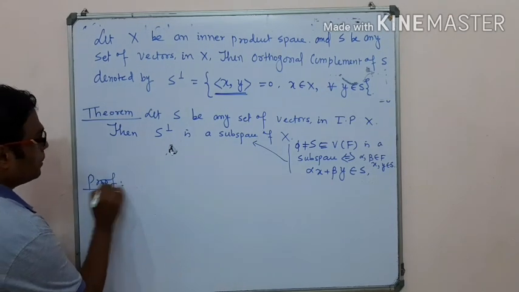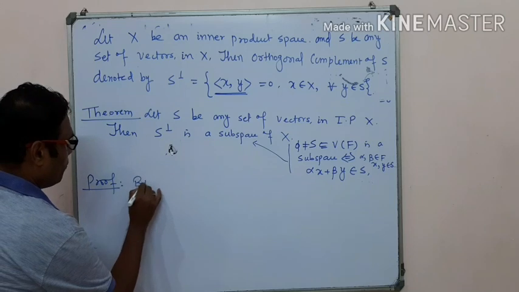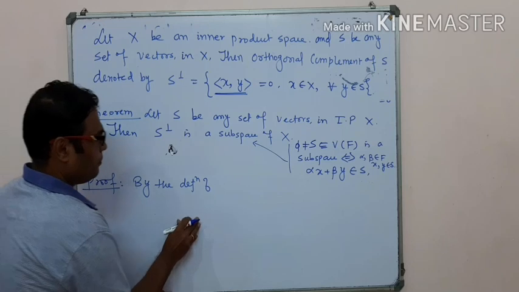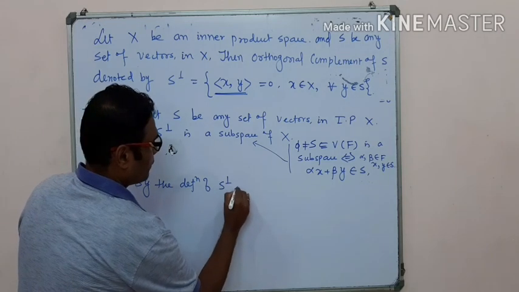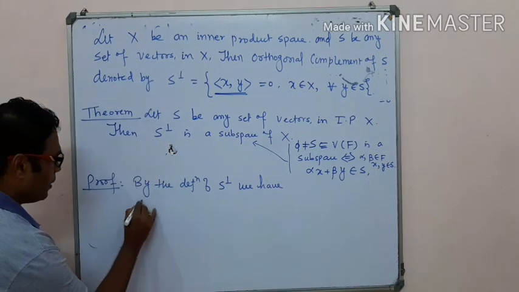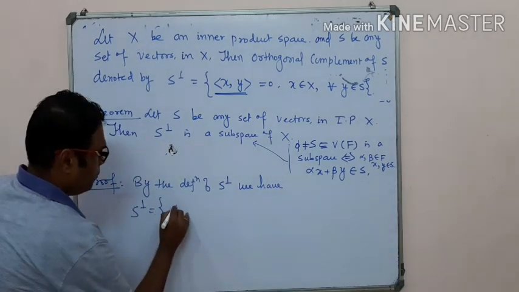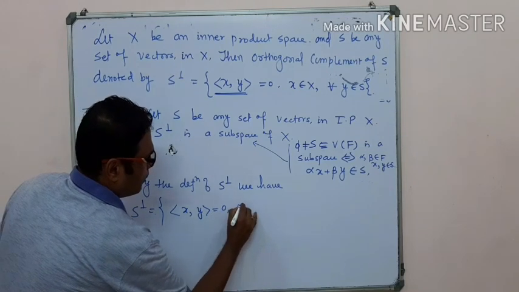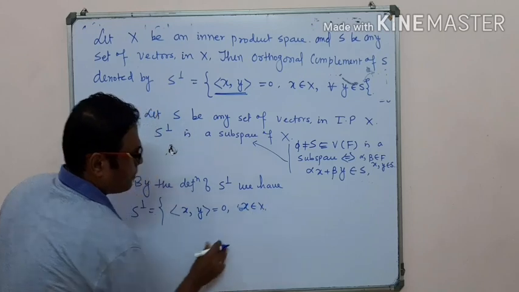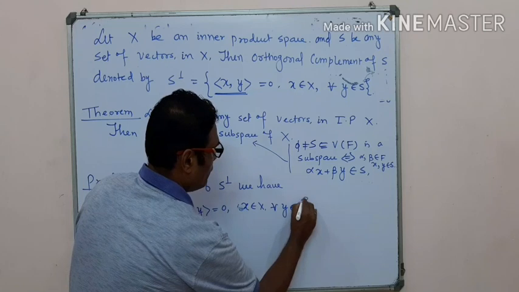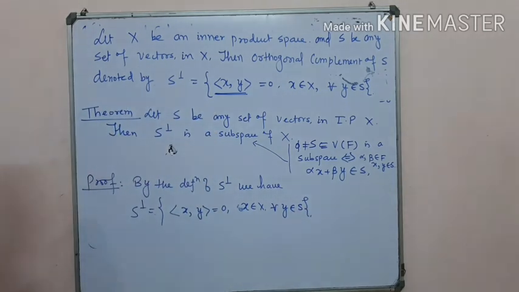The proof: by the definition of S complement, we have S complement equal to the set of x such that the inner product of x comma y is equal to 0, where x belongs to X and for all y belongs to S here. Then we say that it is the orthogonal complement.